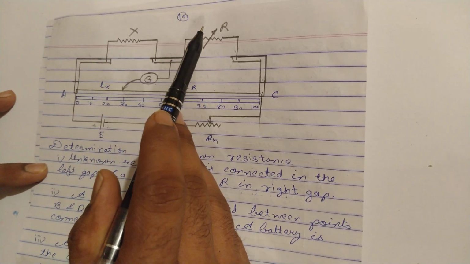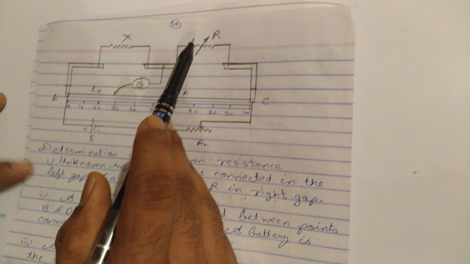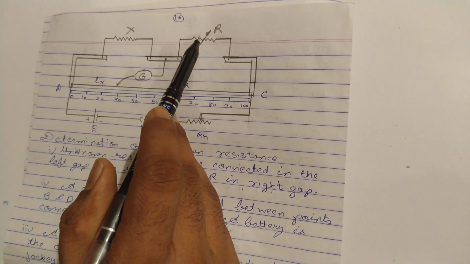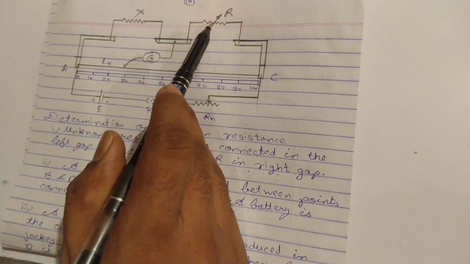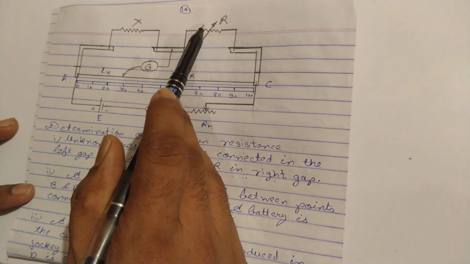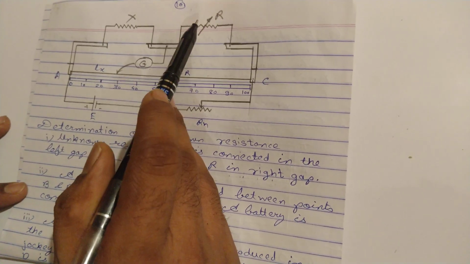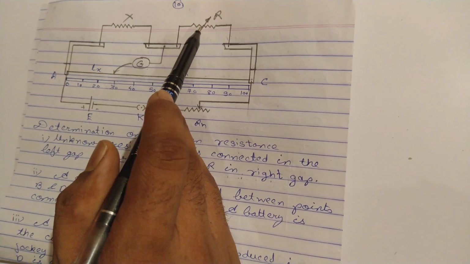You remove one of the keys, suppose it represents 50 ohm resistance. You can take it during the experiment, I will explain. Remove one of the keys which represents some known value.